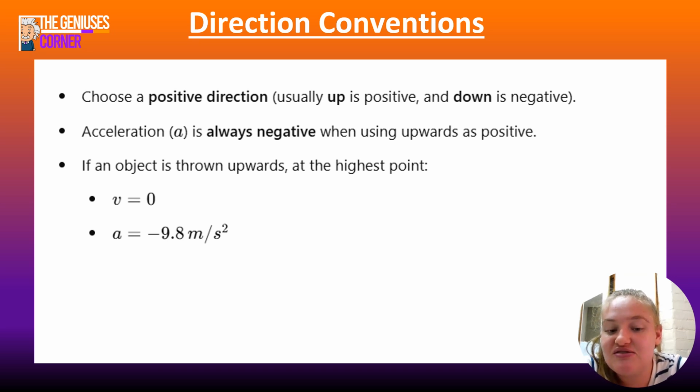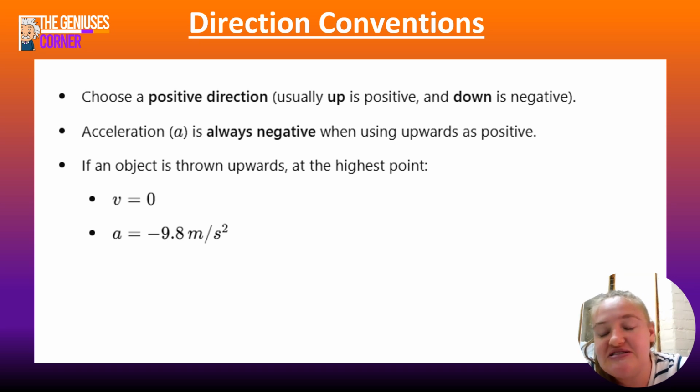Then if an object is thrown upwards in the air, at its highest point, so at maximum displacement, you will have a velocity of 0. And that is due to acceleration due to gravity. As an object is going up, the velocity is being decreased by acceleration in the opposite direction, so negative acceleration, until it reaches a maximum height and a velocity of 0.